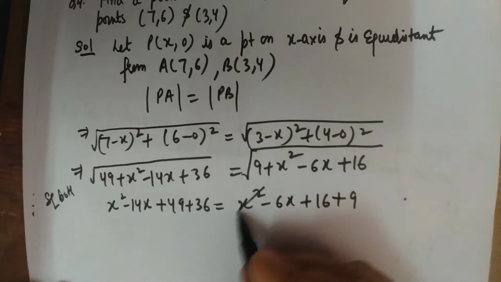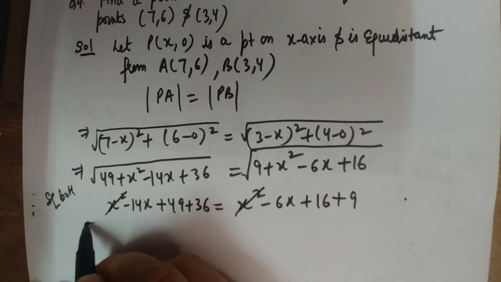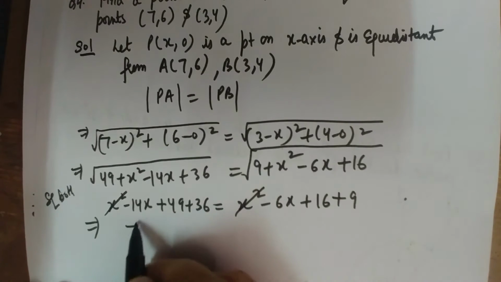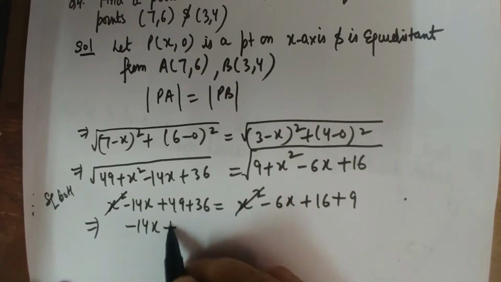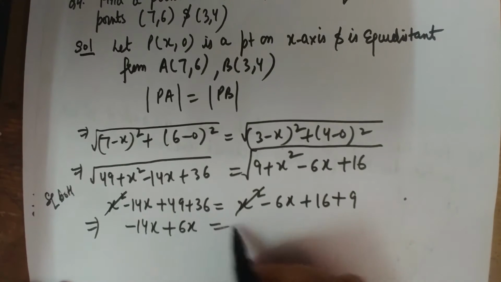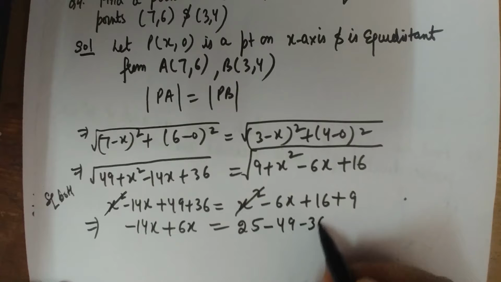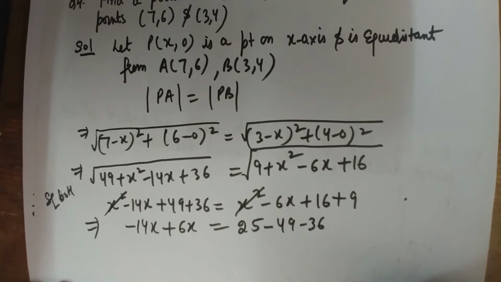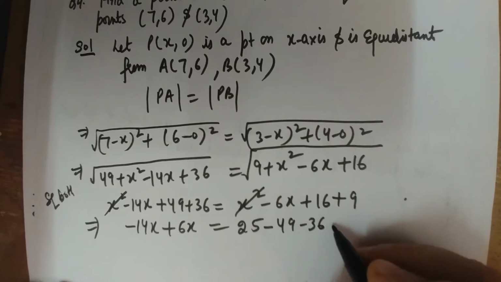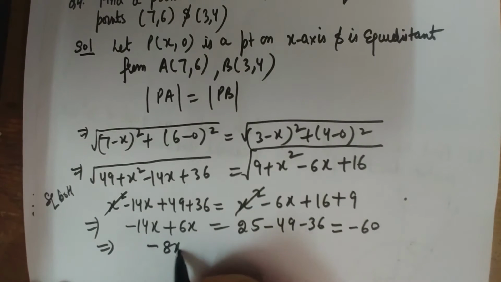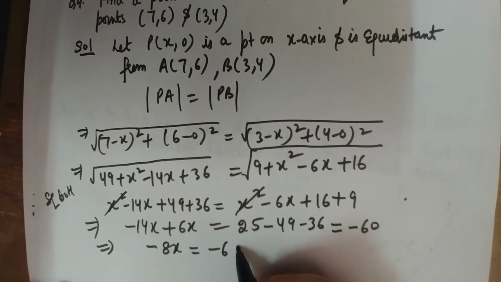Now bringing all the terms, this x square will get cancelled, and I can now relate the terms. Minus 14x, bring all the x's together, plus 6x is equal to 16 plus 9 is 25 minus 49 minus 36. Okay, so if I work it out, it will turn out to be minus 60. So this implies minus 8x will be equal to minus 60.